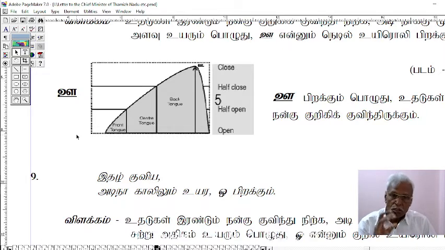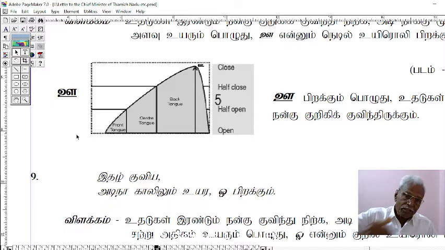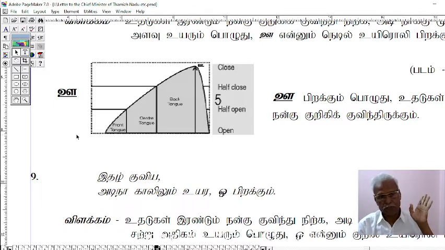That is, by keeping the lips narrow, fully rounded, and raising the back of the tongue to the maximum.